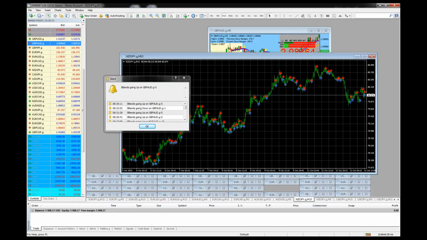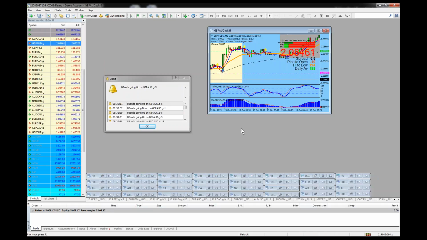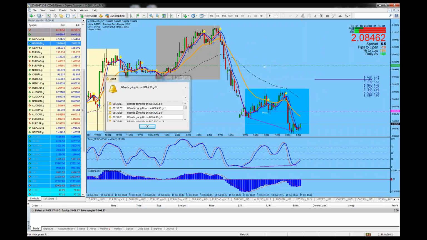And when we get the signal, I then just drag that pair over to the chart and then open the chart and do some analysis on it. And the last signal I got a few minutes ago was the pound Aussie going up on the 5 minute. And came back to take a look at it.